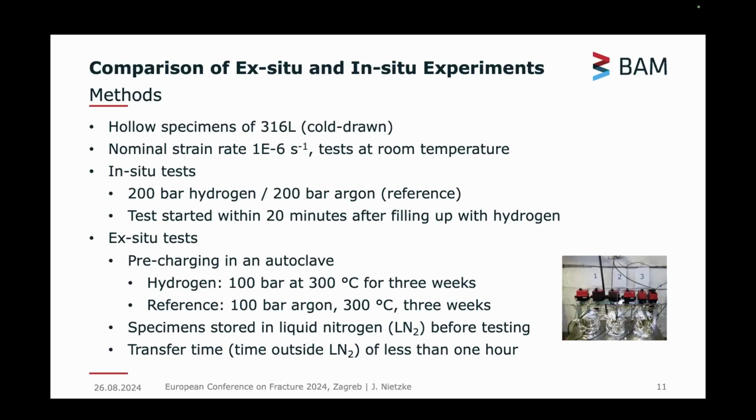For the ex situ tests, we first pre-charged the specimens at 100 bar and 300 degrees C for approximately 3 weeks. There we used another reference, because over 3 weeks at 300 degrees the material properties might change a little bit, and they do.